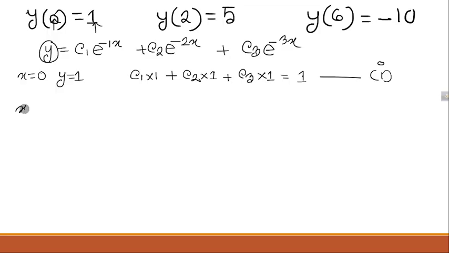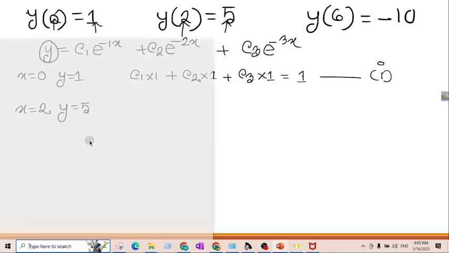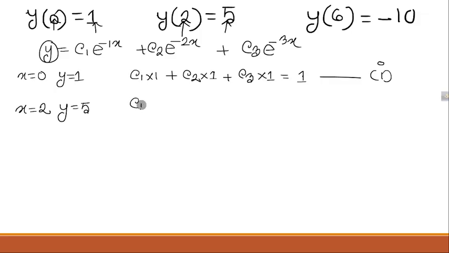Then when x is equal to 2, y is equal to 5. So c1 e to the power minus 2, plus c2 e to the power minus 4, plus c3 e to the power minus 6 is equal to 5.